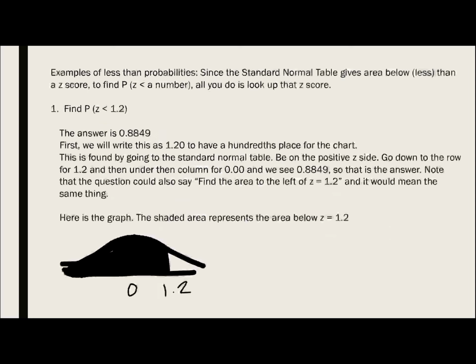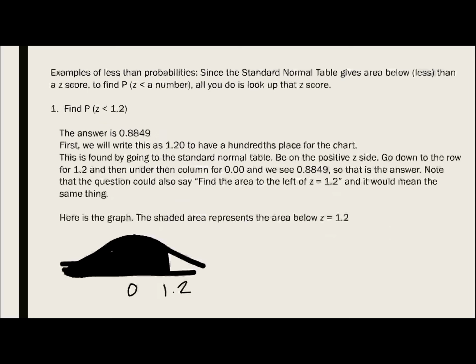First we write 1.2 as 1.20 to have the hundredths place for the chart. This is found by going to the standard normal table, on the positive side. Go down to the row for 1.2, and then under the column for 0.00, you will see 0.8849. So that is the answer.